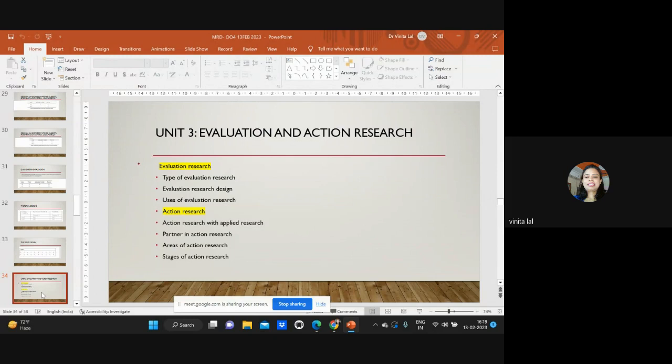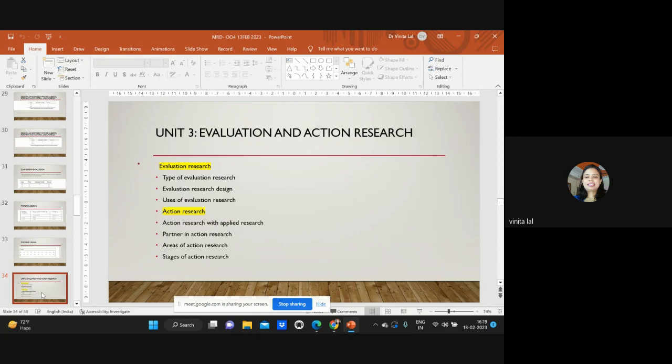Evaluation research also requires one to keep in mind the interest of the stakeholders. Research is seen as more interested in producing generalizable, theoretical knowledge, more controlled by the researcher, while evaluation is seen as more interested in specific applied knowledge and more controlled by those funding or commissioning it.